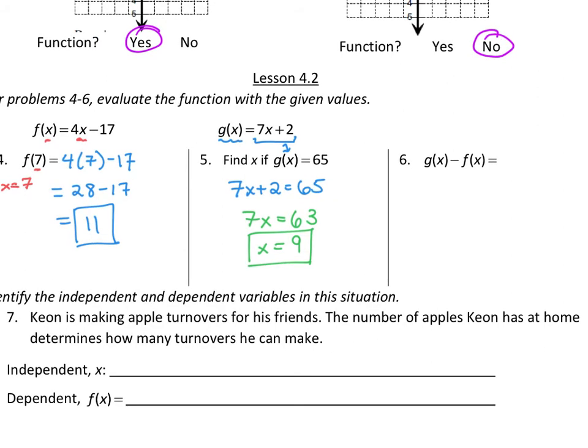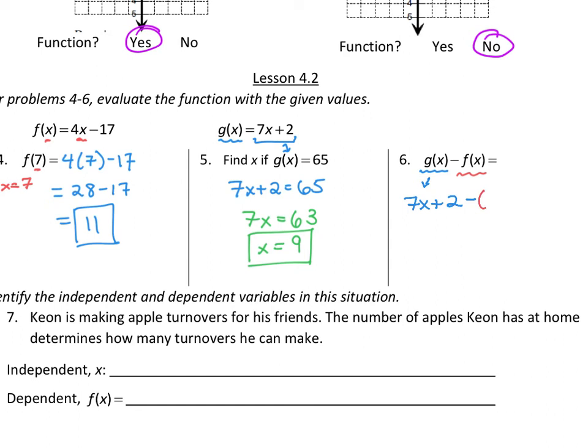For final example 6, we're going to replace that g with the g of x above, and then we'll replace the f of x here with the f of x shown here. So we're going to replace both of those. So watch what this looks like. The g of x becomes 7x plus 2, and then the minus, and this is where you need to remember parentheses.